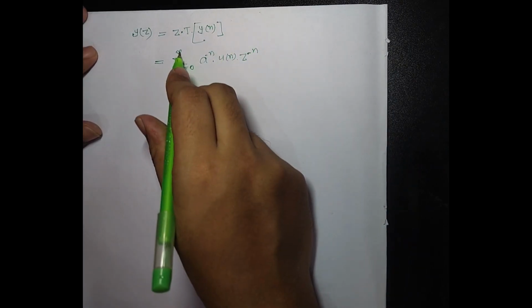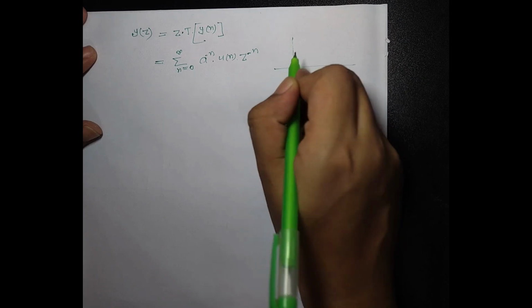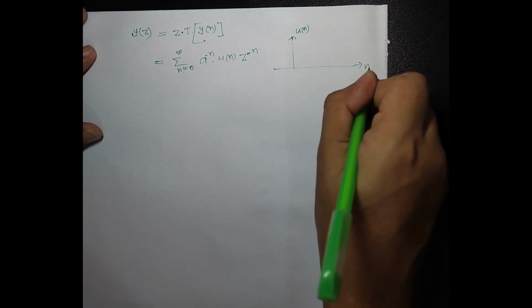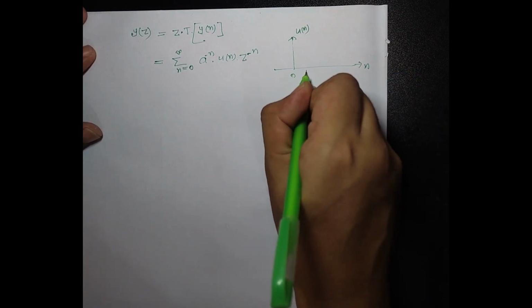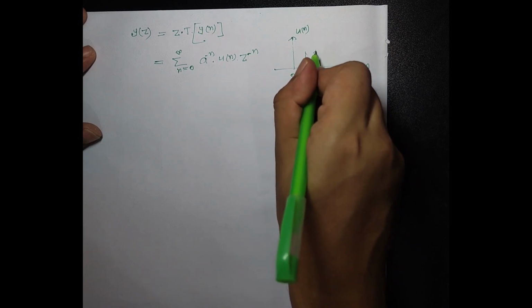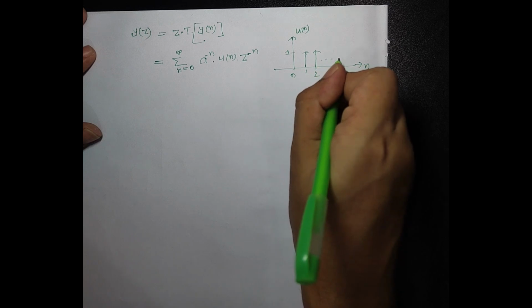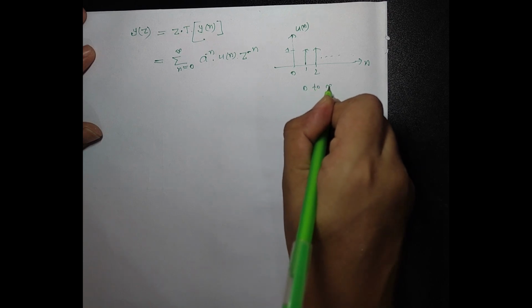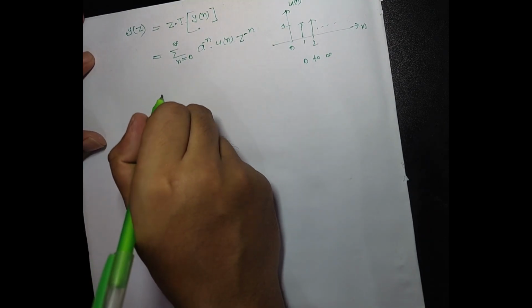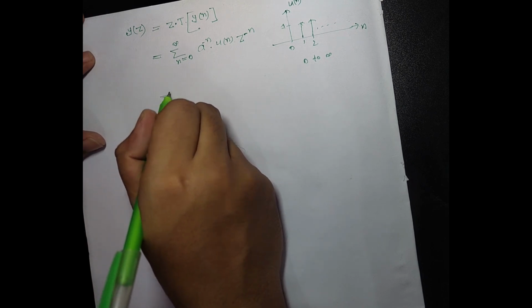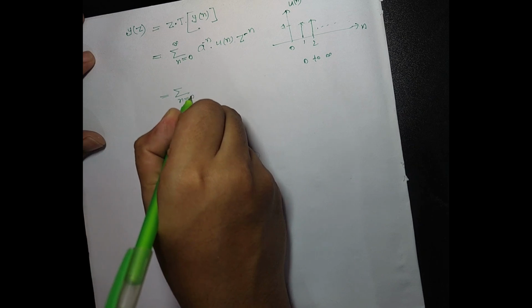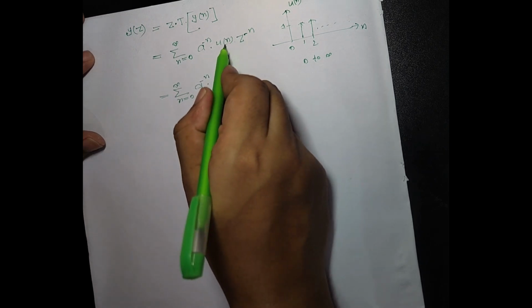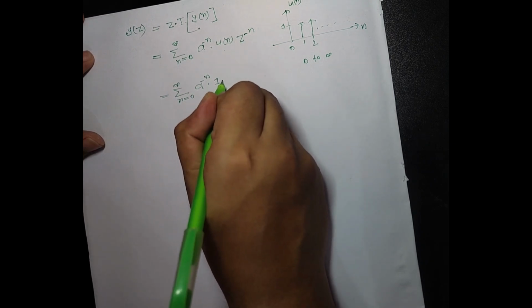N equal to 0 to infinity because in unit step signal the range is 0 to infinity. a to the minus n u[n] means the value of unit step signal is 1.